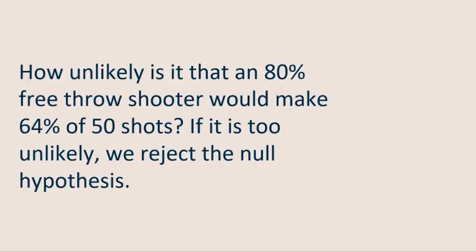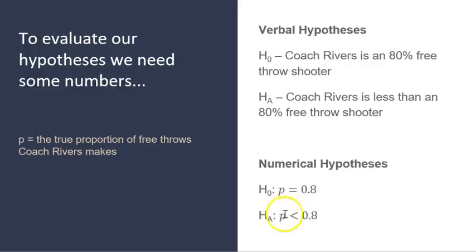The question that we are trying to answer is, how unlikely is it that an 80% free throw shooter would only make 64%? And if it's too unlikely, we do what's called reject the null hypothesis, which means we have evidence for our alternative.